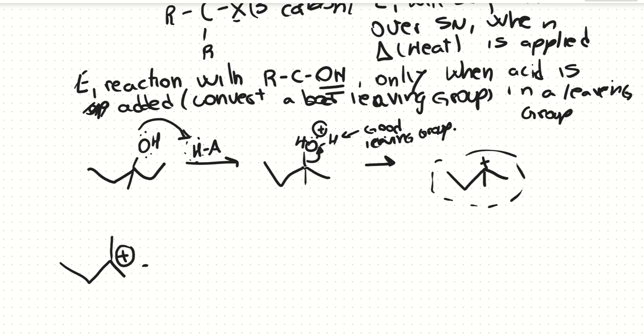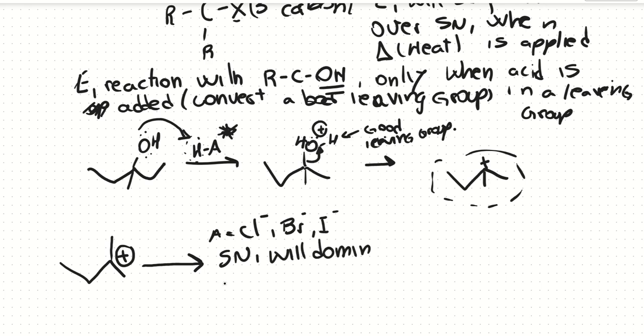If I have the acid over here, I'll mark it like this: A over here can be chlorine or bromine or iodine. SN1 will dominate, okay? So then we're going to have chlorine or a bromine or iodine over here.